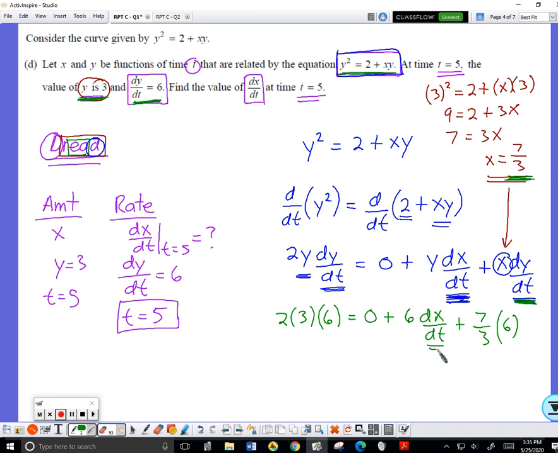Just solving for dx dt. We don't have to do anything with this. We can just leave it alone. 6 times 6 is 36. These will divide to make 2. 2 times 7 is 14, so that gets subtracted over.